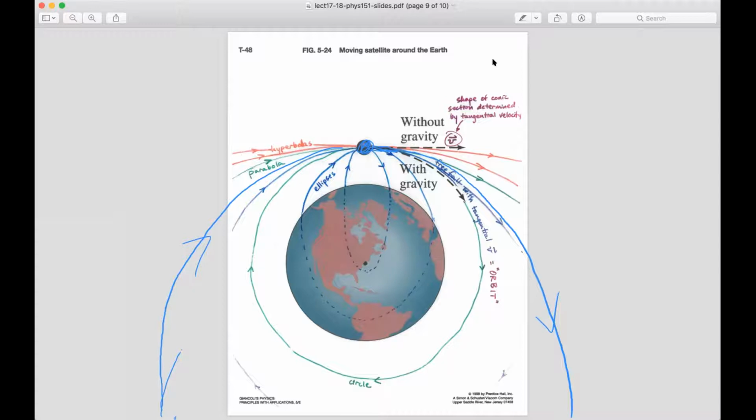What if we made the speed even faster? Instead of 20,000 miles an hour, we did 22,000 or 24,000. Then this ellipse would get bigger and bigger until finally there comes a speed at which the far side of the ellipse is actually at infinity.